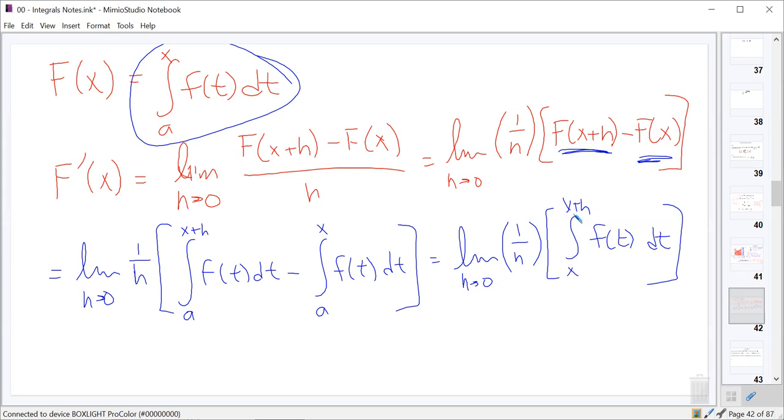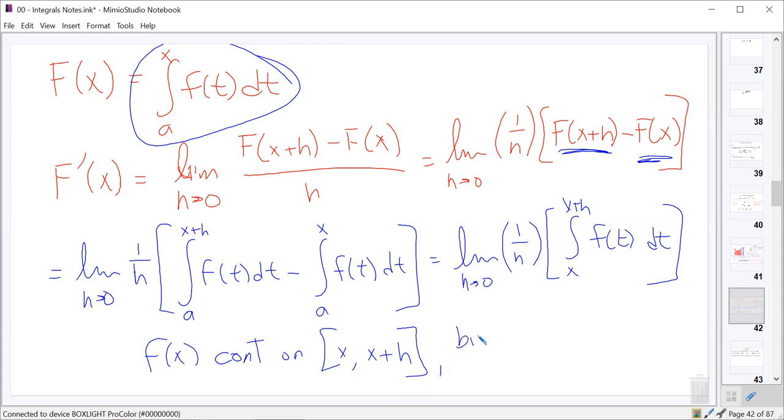Right? So we know that f of x is continuous on x to x plus h. Well, we only have one theorem that's really told us a lot about something that's true about functions when they're continuous on closed intervals, and that's the extreme value theorem.